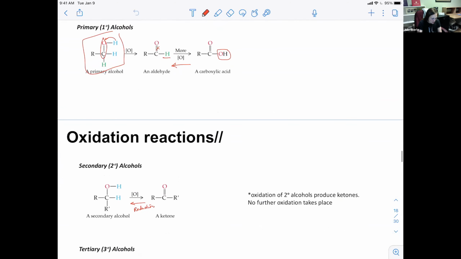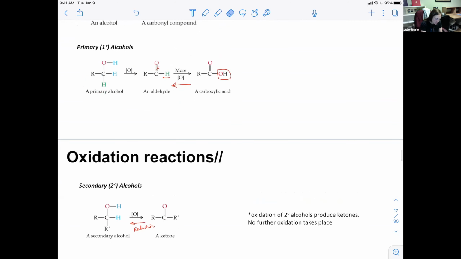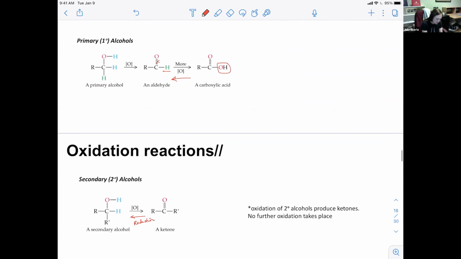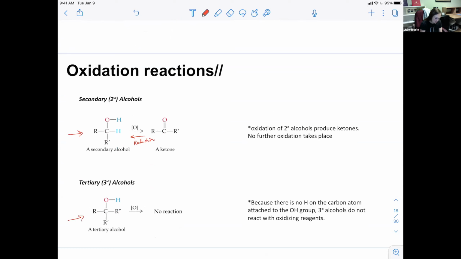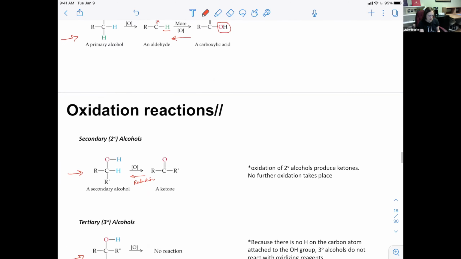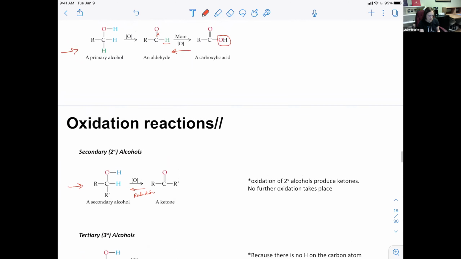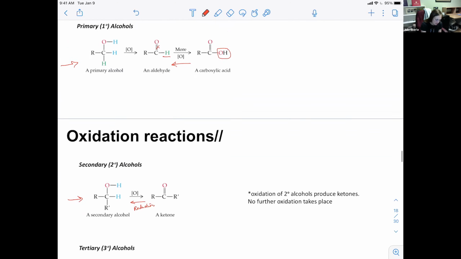Now I'm seeing oxidation reactions with alcohols. So which one do you think we need? Do we need to look at this example, this example, or this example? What's the difference between these 3 examples?